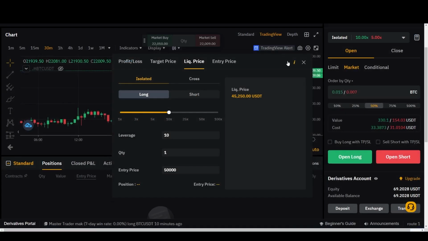What? This is completely messed up. I'm getting 3 different answers. So if I have isolated long 10x leverage, leverage is 10, quantity is 1, entry price is 50,000, the liquidation price is 45250.